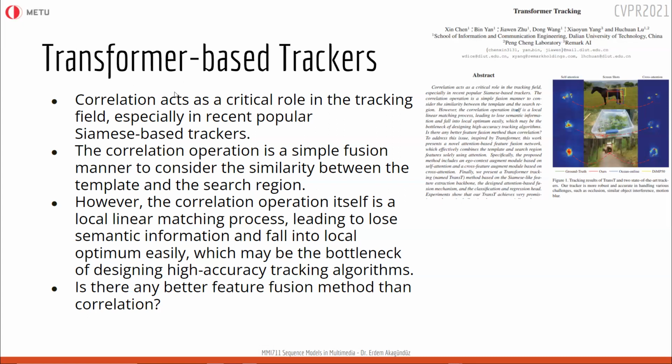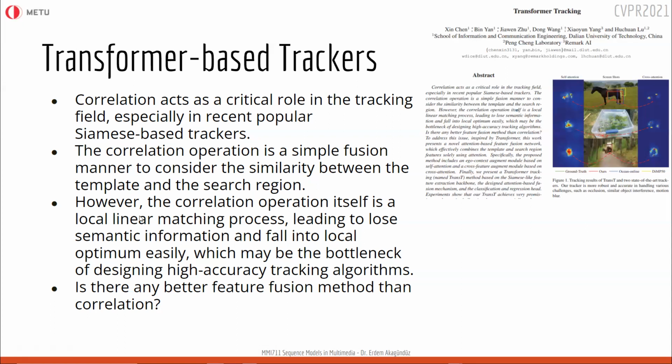So correlation plays a critical role in the tracking field, especially in recent popular Siamese-based trackers, and before that as well. Before deep learning or Siamese networks, correlation was the base of tracking, and learning the filter for correlation was the main idea in tracking, not deep learning. The correlation operation is a simple fusion manner to consider the similarity between the template and the search region.